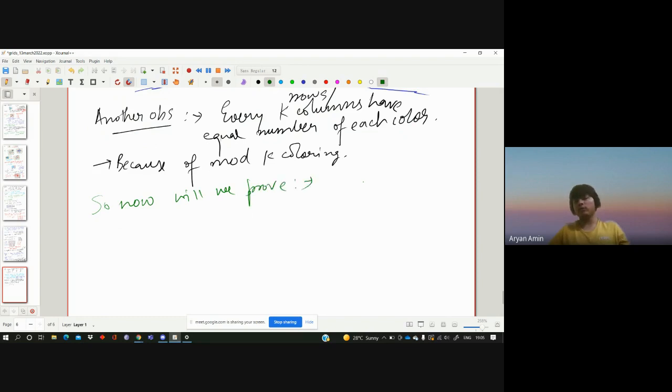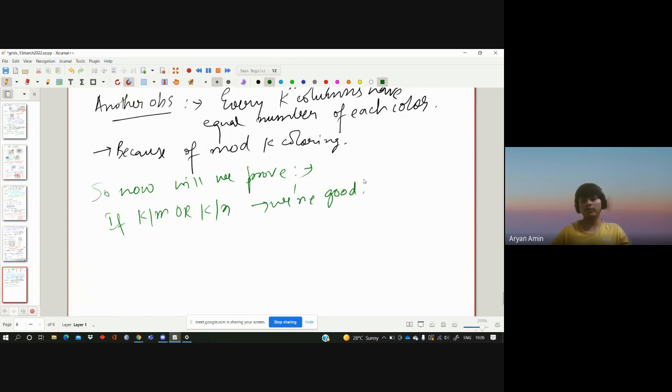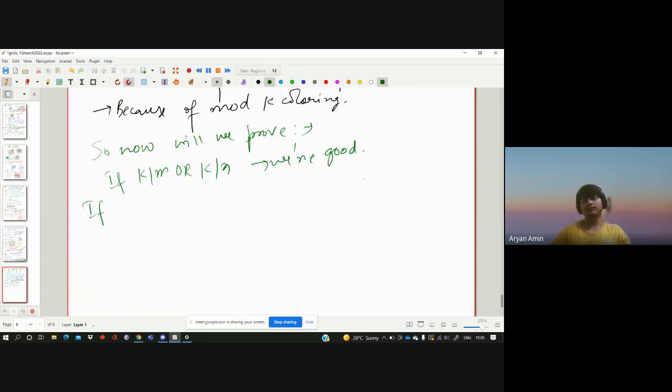We noted that if k divides m or k divides n, then we are good. So now what we will prove is that if k doesn't divide m and k doesn't divide n, then this is bad.